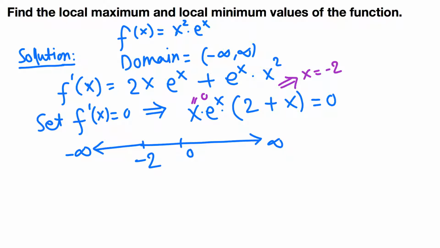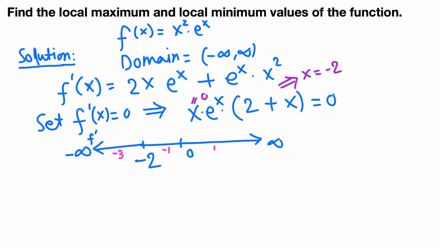So pick a representative from each interval, maybe negative 3, negative 1, and 1, and plug these representatives into the derivative and find the sign of the derivative, whether it is positive or negative.